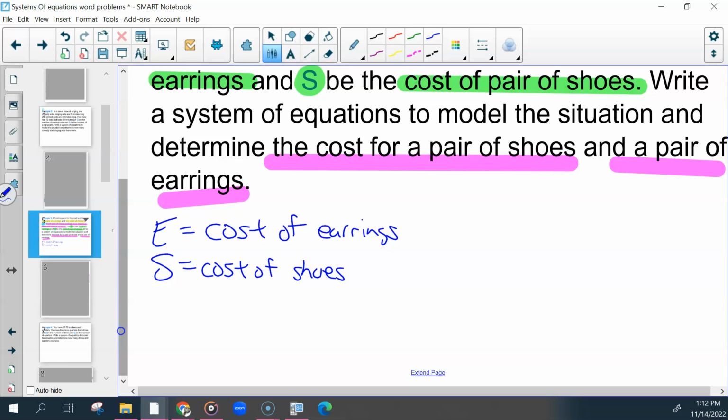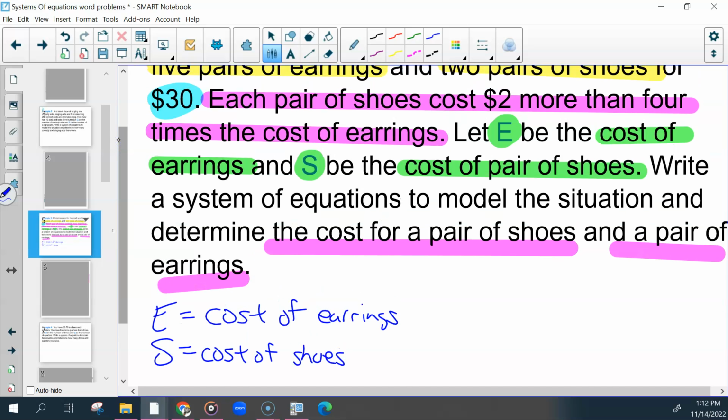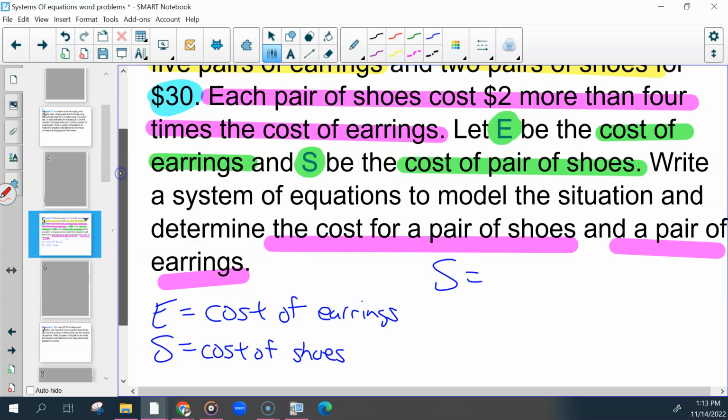Then we're going to write our two equations, but one of these is going to be a little different. So let's focus on this sentence highlighted in pink, magenta, whatever. Each pair of shoes costs, so everything else that it's about to say is talking about the shoes. So we can say shoes equals two more than 4 times the cost of earrings.